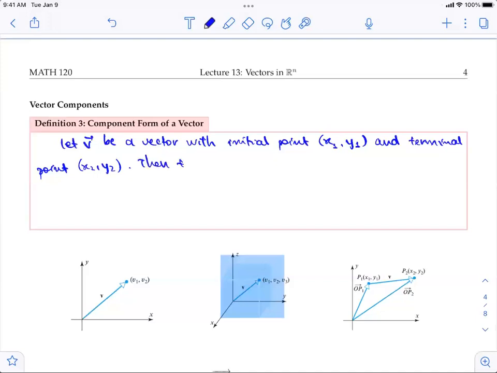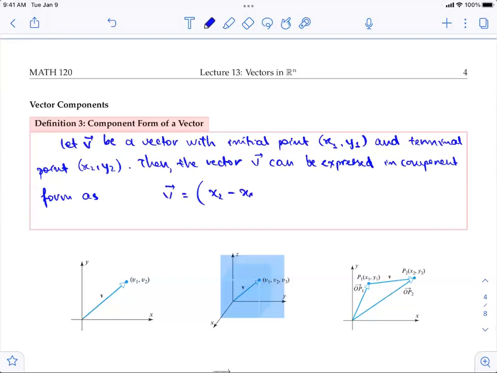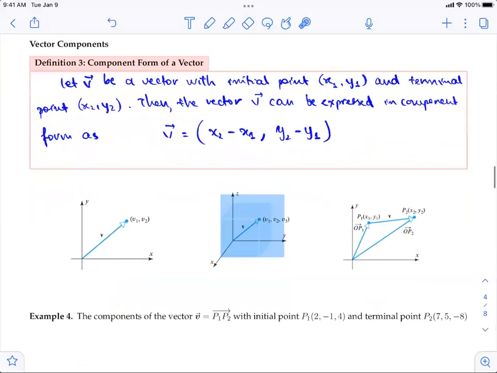Then the vector v can be expressed in component form as follows. The vector v is equal to x2 minus x1, right? The first component of the terminal point minus the first component of the initial point, and y2 minus y1, so the second component of the terminal point minus the second component of the initial point.